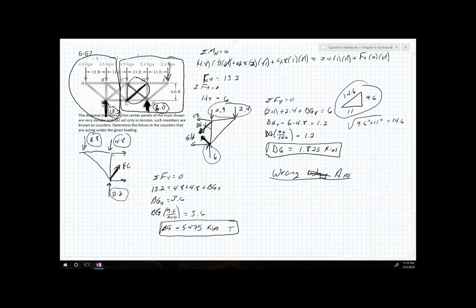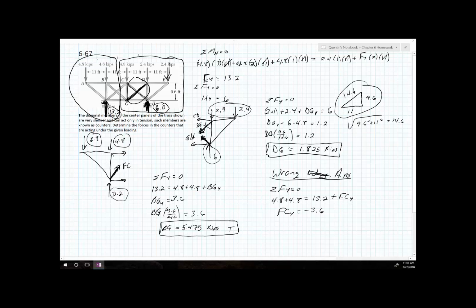So I'm going to say sum my forces in y equals 0. So it's going to be 4.8 plus 4.8, my downs, equals my 13.2 plus FC in the y, right? So therefore, FC in the y is equal to, in this case, minus 3.6, which the negative sign doesn't mean tension or compression. It simply means I drew it in the wrong way.